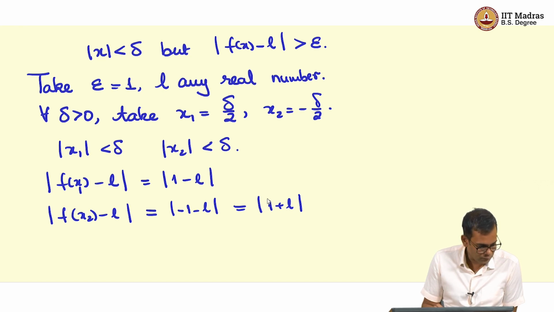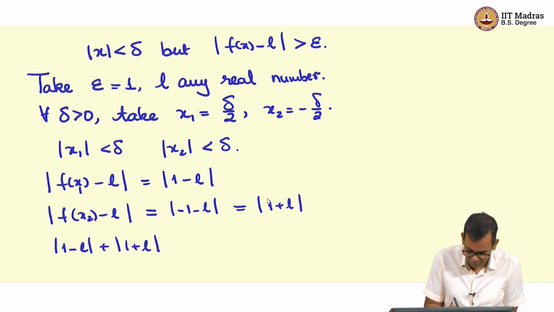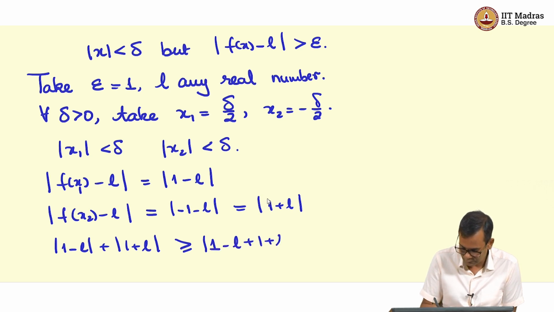So now, by the triangle inequality, the absolute value of 1 minus L plus the absolute value of 1 plus L is greater than or equal to the absolute value of 1 minus L plus 1 plus L, which is equal to 2.